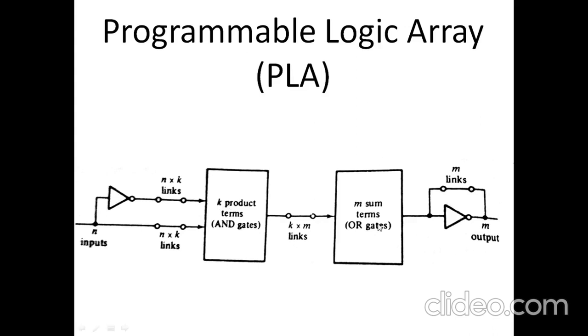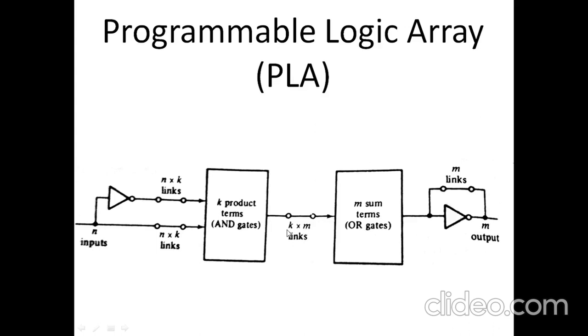Then we have another set of gates, OR gates. Each OR gate logically implements a sum term. So if we have m sum terms, then there are m OR gates. Every OR gate logically implements a sum term.